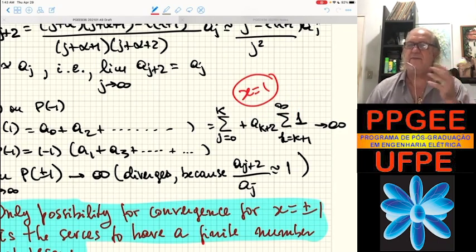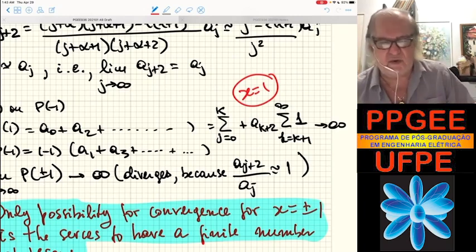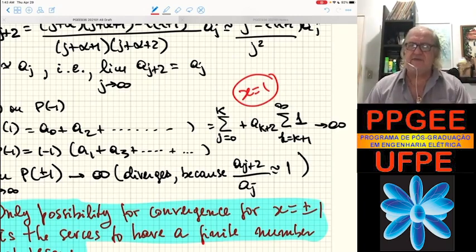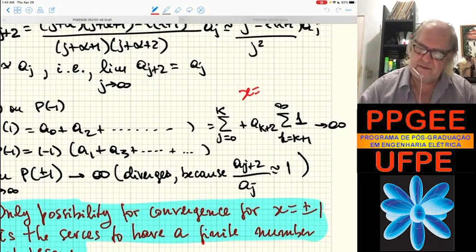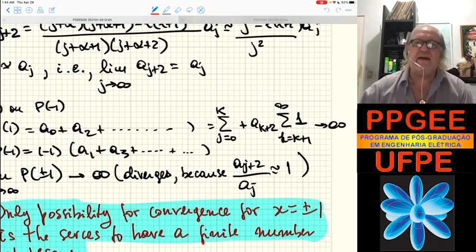If we're talking about a problem governed by Laplace equation, and there's no singularity on the z-axis, x equals 1, it means that something is wrong here. This solution cannot be employed if we keep all the terms, right? It's unphysical. Same thing if you go to the minus z-axis.